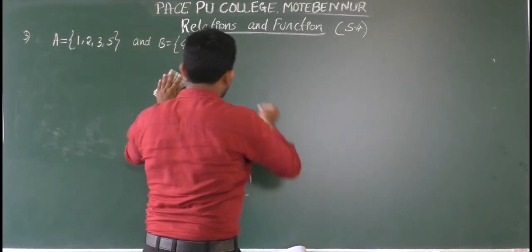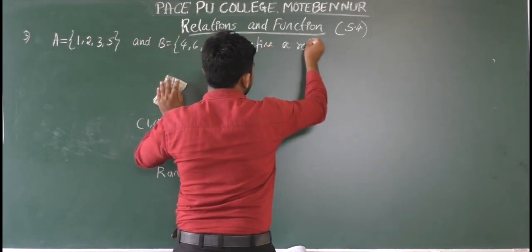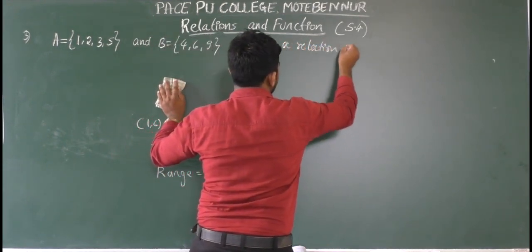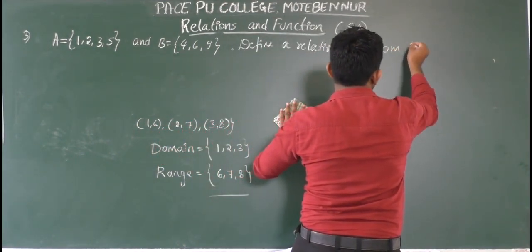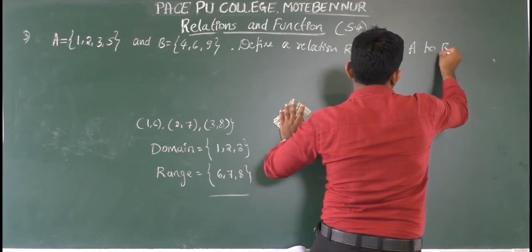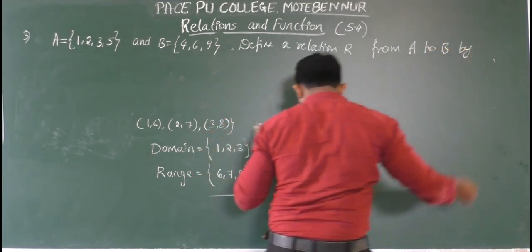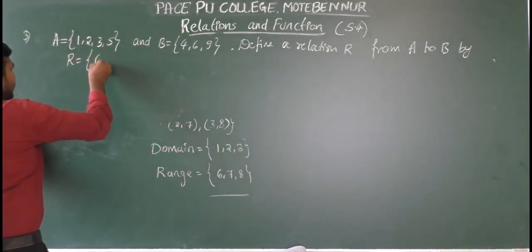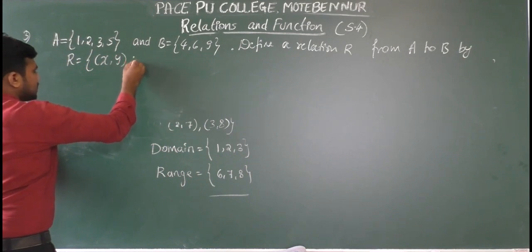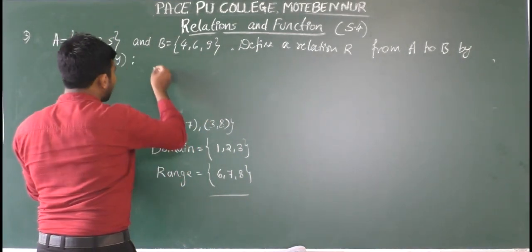Define a relation R from A to B by R is equal to the set of all ordered pairs x comma y such that the difference between x and y is odd.